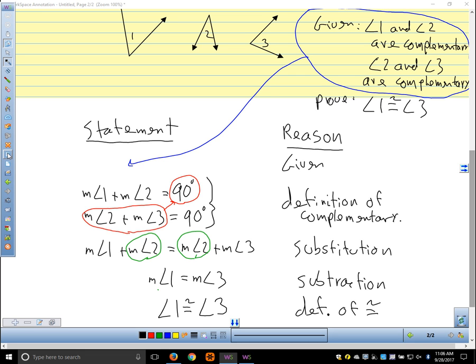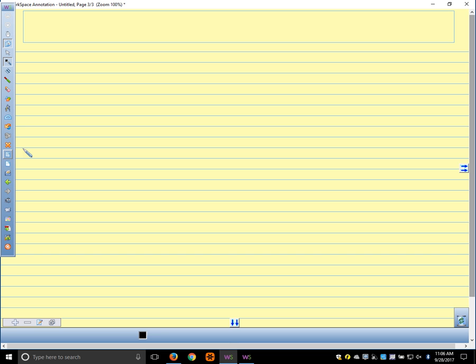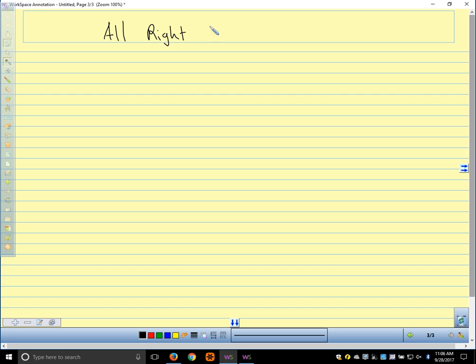Okay. I want to talk about a couple of other theorems that are kind of like those, but they're really easy to figure out. The first one: all right angles are... What are you going to guess we're going to say about right angles?